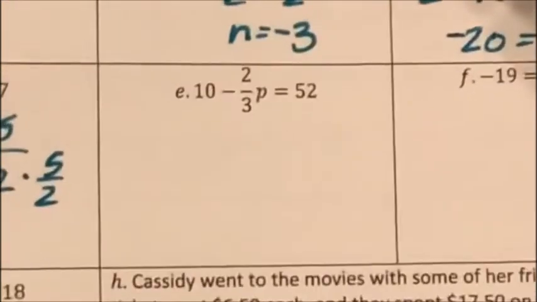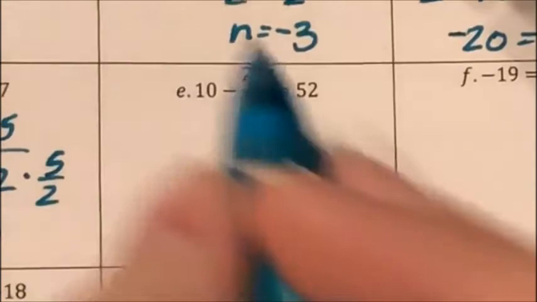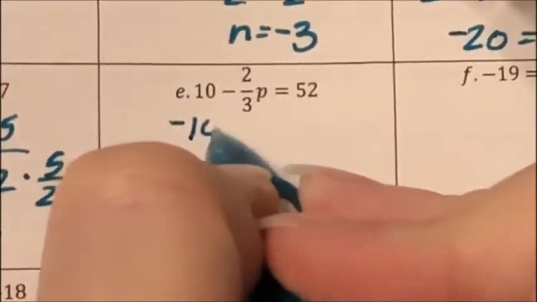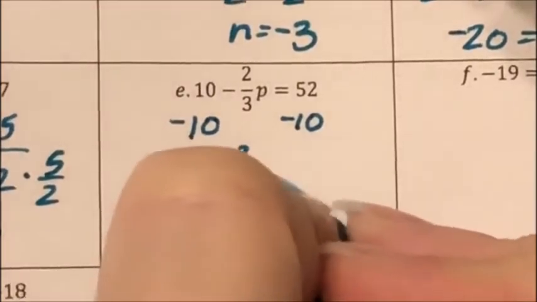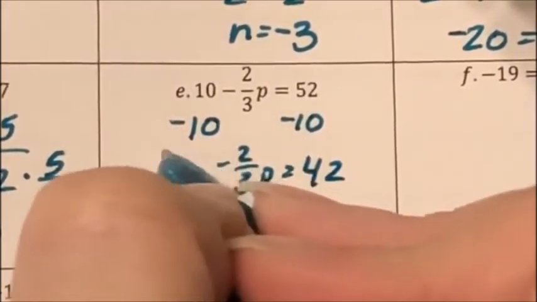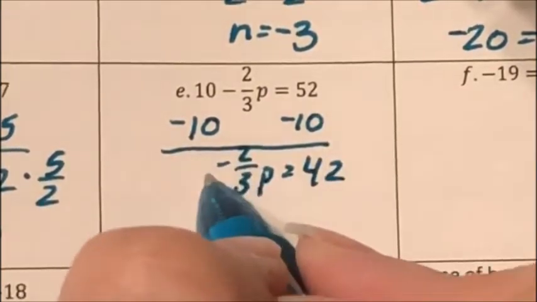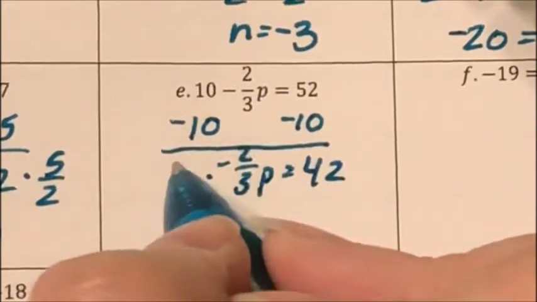For letter E, I have 10 minus 2/3 p equals 52. I want to subtract 10 from both sides. I have negative 2/3 p equals 42. Okay. Then I want to multiply by its multiplicative inverse, which is negative 3/2.